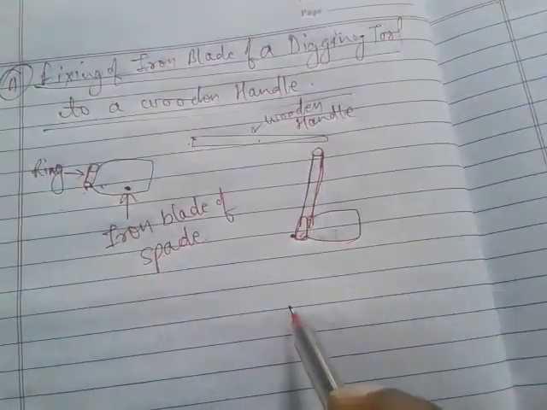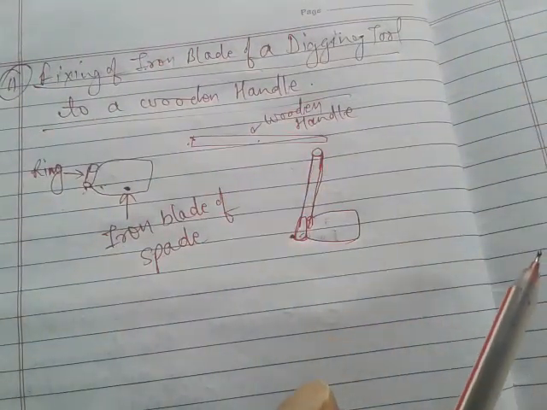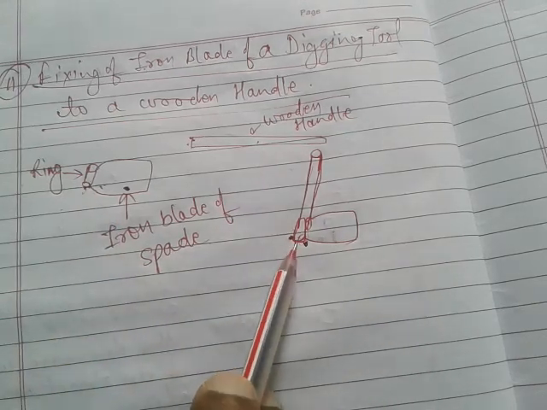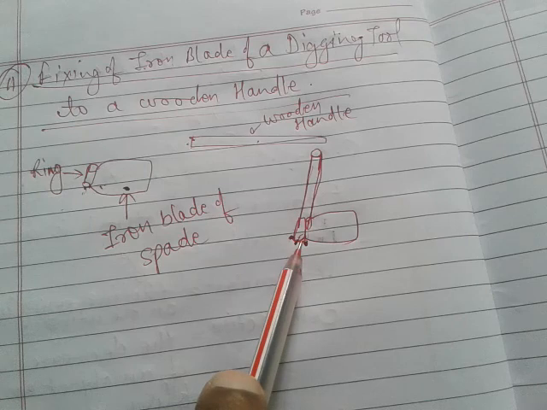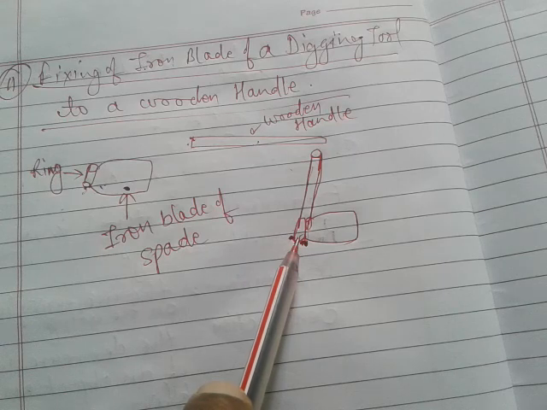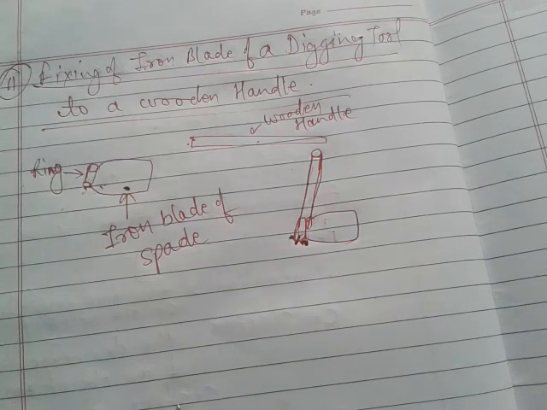In this way, we can say that this is also a reversible change, because after cooling, the ring of the iron blade of the spade regains its original size. That's why we can say that expansion is a reversible process.